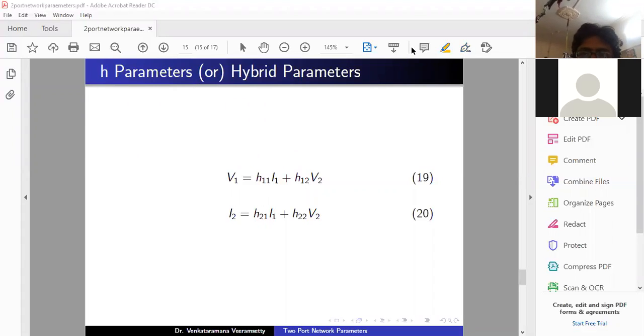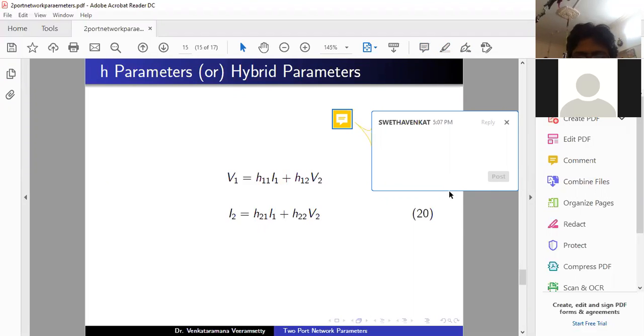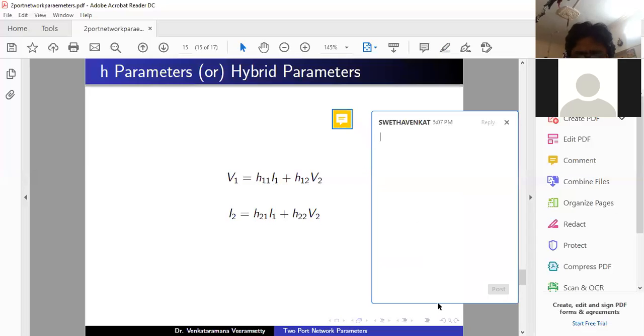At this moment you are capable of telling how we calculate H11, H12, H21, and H22, because we adopted the same procedure for the Z parameters, Y parameters and ABCD parameters.